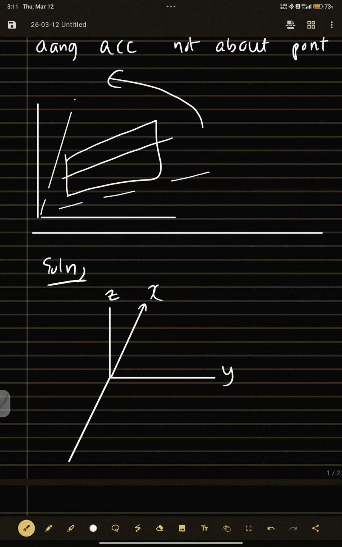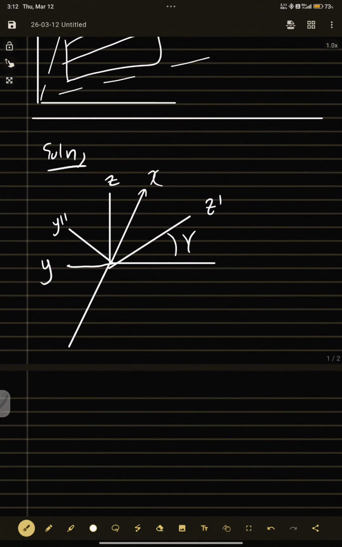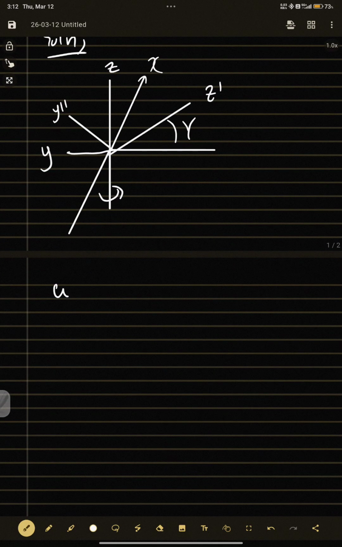So here you have a motor which spins along this small z axis, and the spin direction is like this. So if you curl your right hand along omega, your thumb points towards small z axis. In addition to this motion, this foundation of the motor also moves along the capital Z axis.